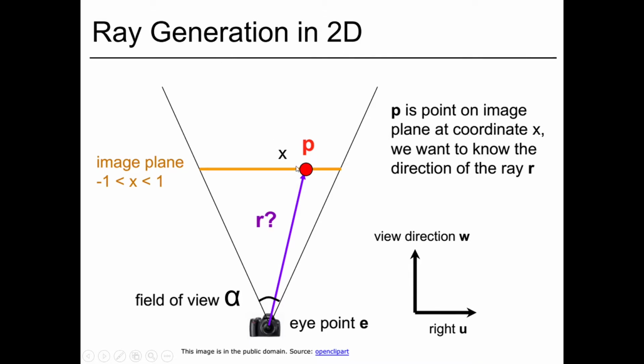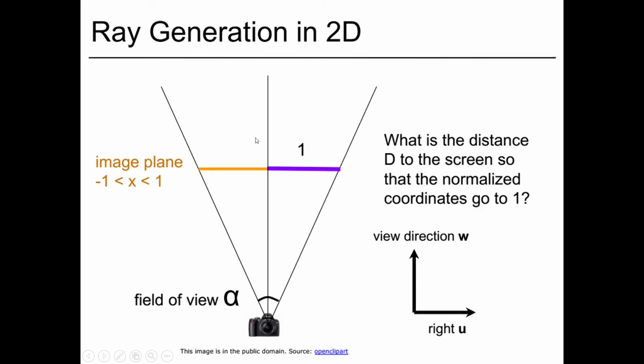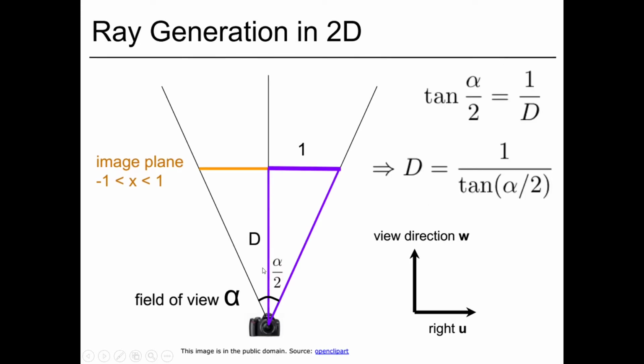Here, if the point P on the image plane is known, then we can find the corresponding parametric equation of the ray that passes through it by finding the direction of the ray vector r. We just have to find the direction of r here. For that, we need to know the distance d, the distance from the camera to the view plane, the image plane.